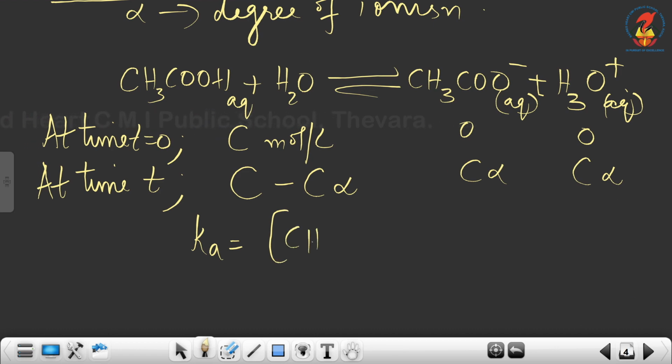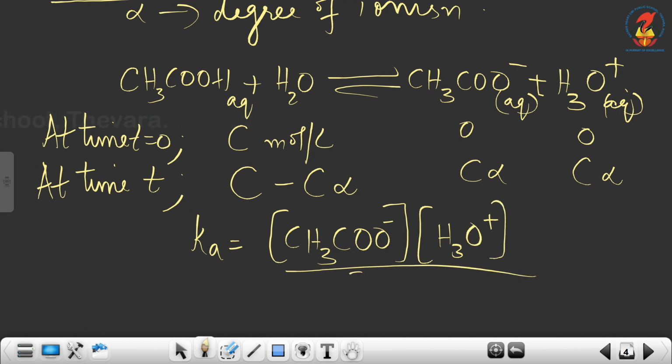Ka, we already wrote it. What is the expression? Concentration of CH3COO minus into concentration of H3O plus divided by concentration of CH3COOH.